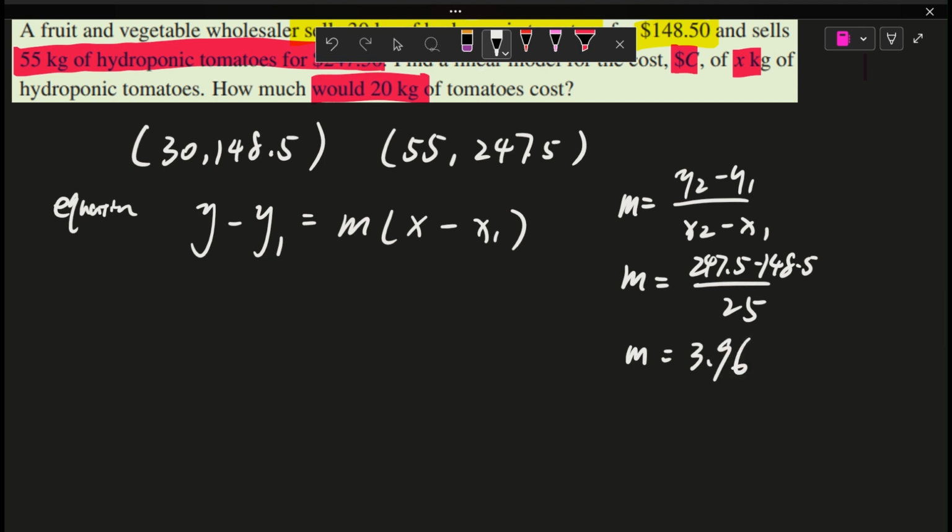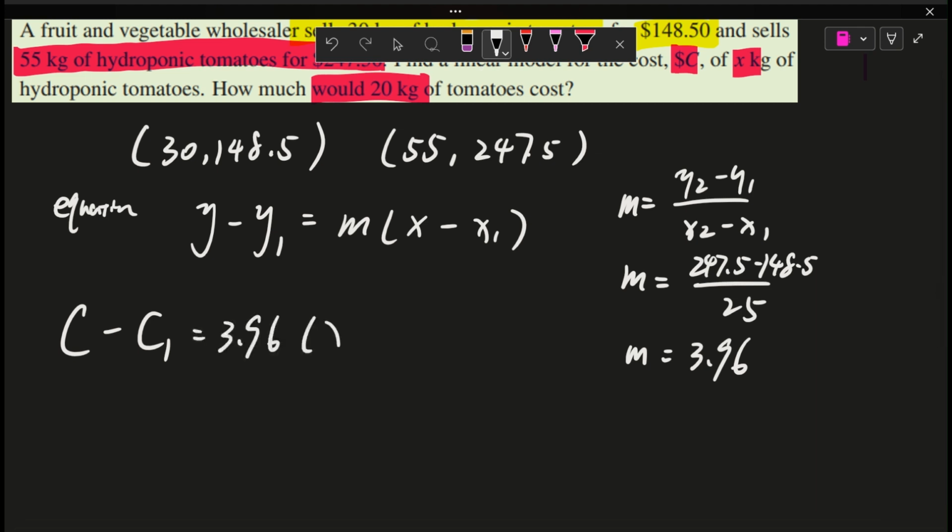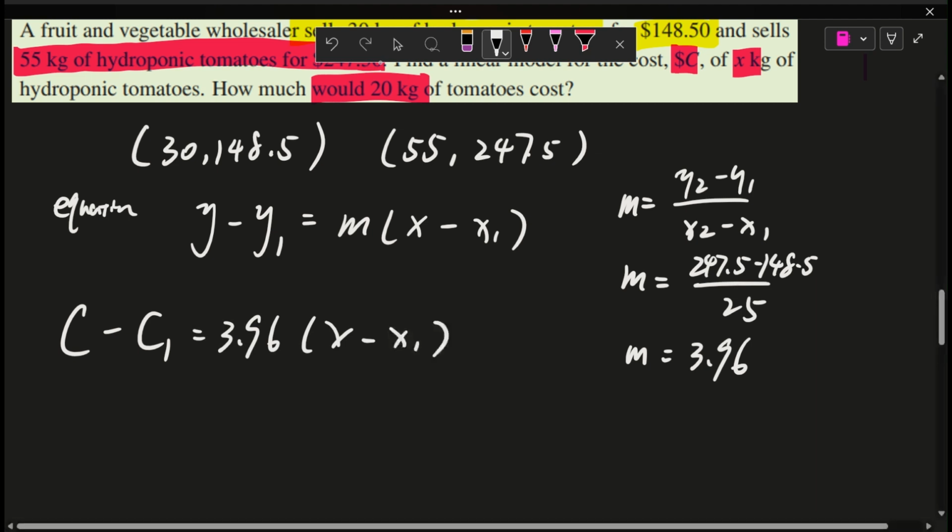So C minus C1 equals 3.96 times (x minus x1).